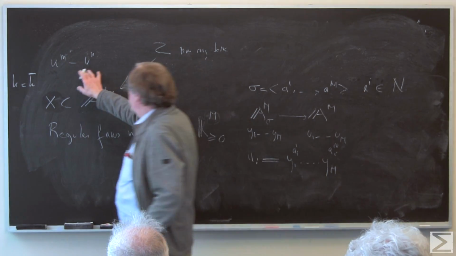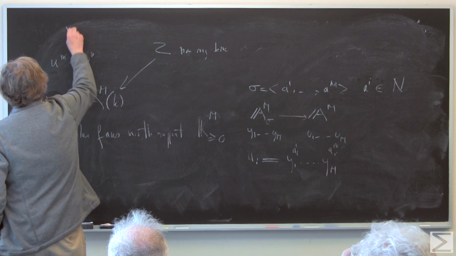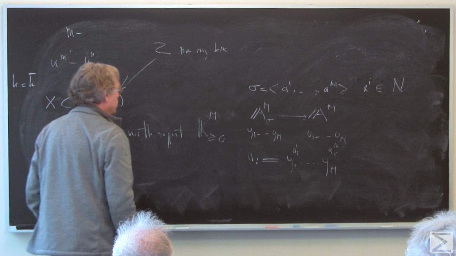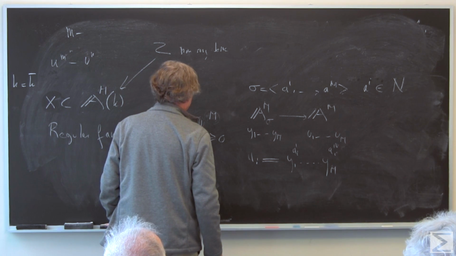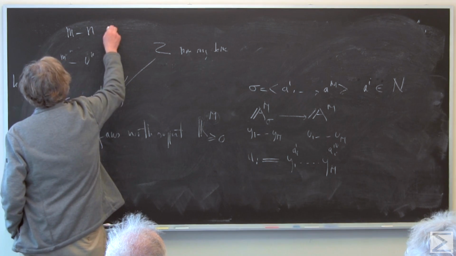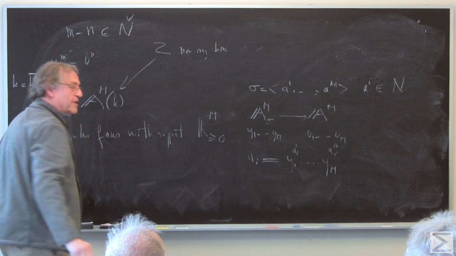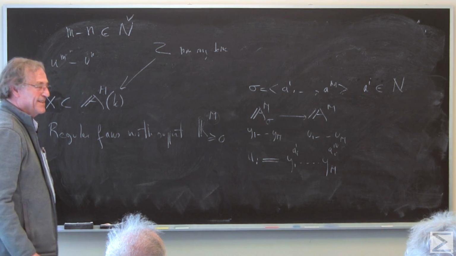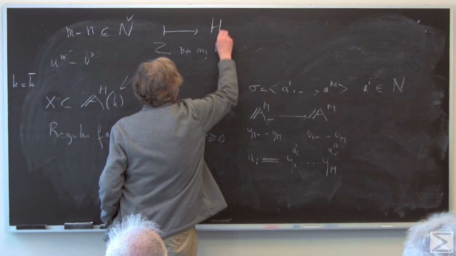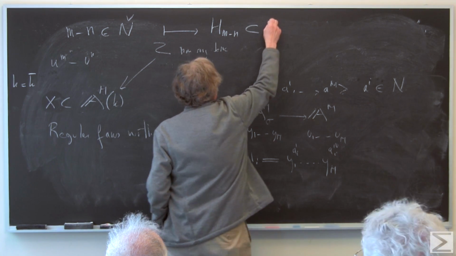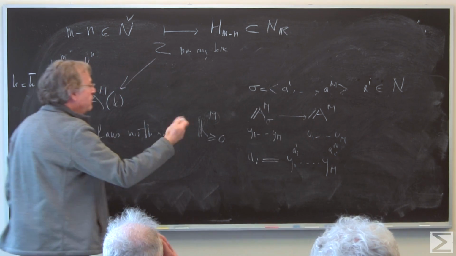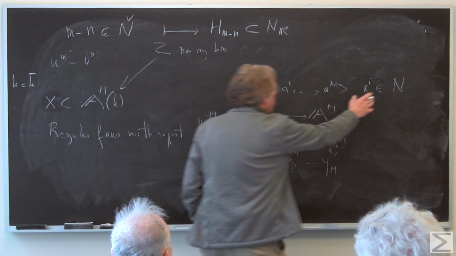M minus N, this binomial, corresponds to a vector in the dual of M. And this vector corresponds to a certain hyperplane in N_R, in the real vector space generated by this lattice.